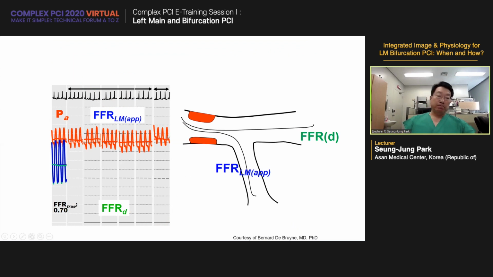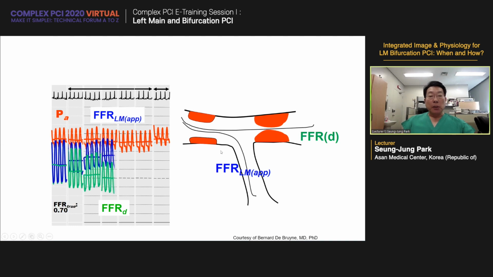This is a schematic. If there is gradual stenosis of the proximal LAD, the distal FFR decreases, while in the mid portion, in terms of the left main, the measured FFR is a little bit increased.